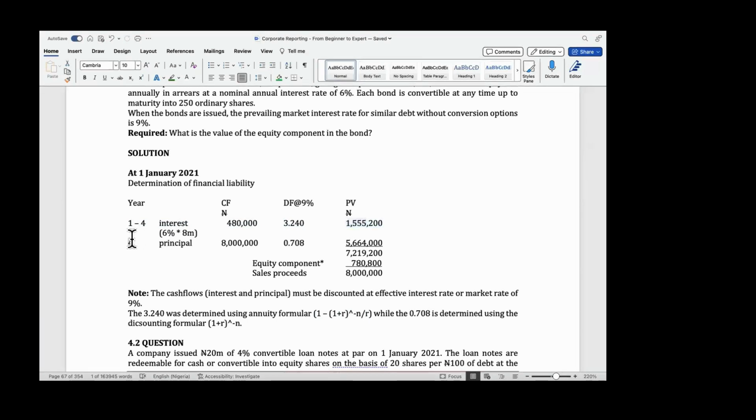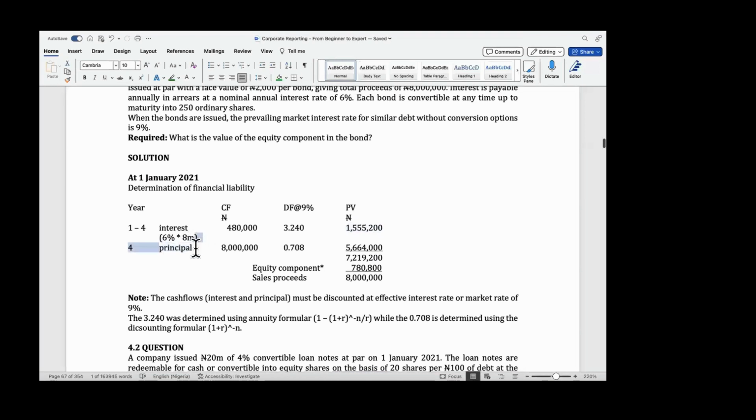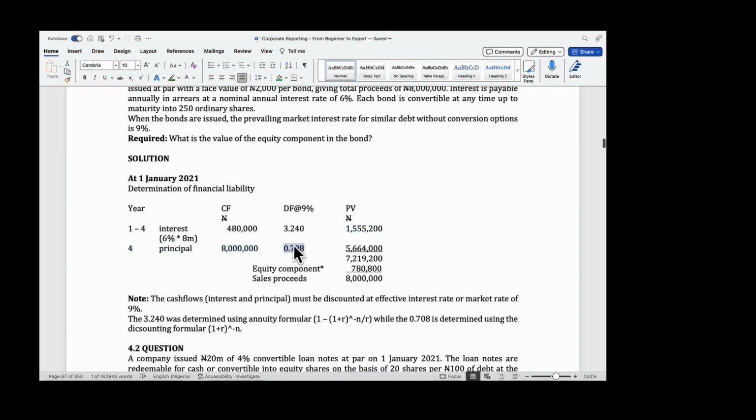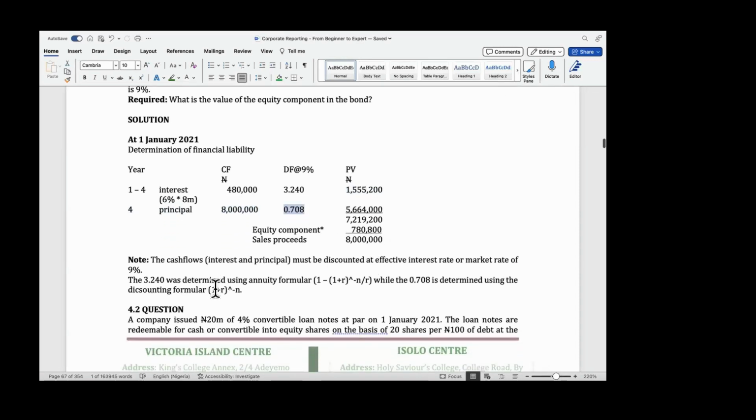Then also the principal, which I'm going to pay back in year 4, I will have to get the present value of that, which is this 8 million. And whenever you are getting the present value of a future amount, we use a discounting formula, which is 1 plus r raised to power minus n. That's very different from this one.